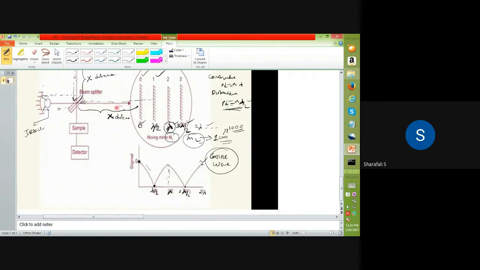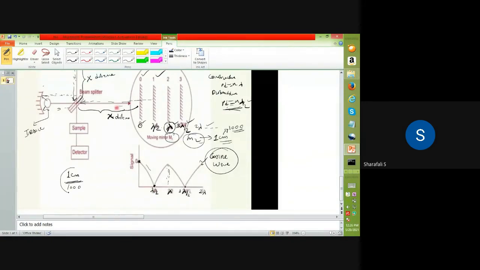Okay, so if M2 is moving within 1 centimeter, it will be positioned at a thousand points in between. If you consider 1 centimeter covering 1,000 points, we have to consider 1 by 1,000.